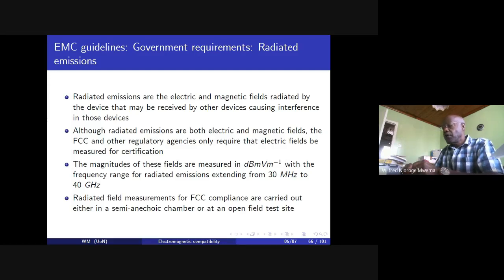Or we can bring them indoors, where the room will be coated with an electromagnetic absorbing layer or coating, so that there are no reflections there as well. And therefore, the only thing we'll be measuring is the incident wave on the measuring antenna.